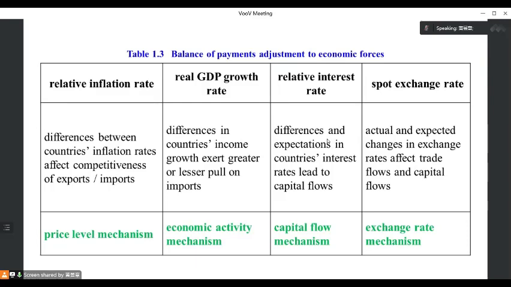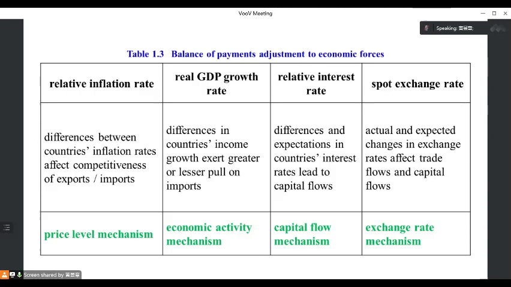We have learned table 1.3, balance of payments adjustment to economic forces. In other words, economic forces can influence the balance of payments adjustment. There are 4 items that can influence the balance of payments.